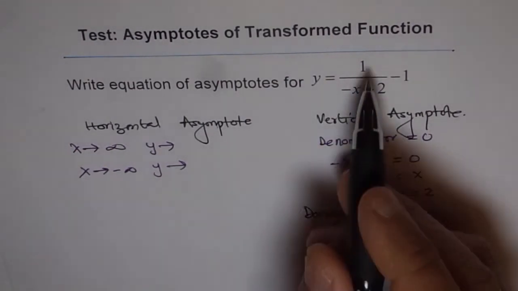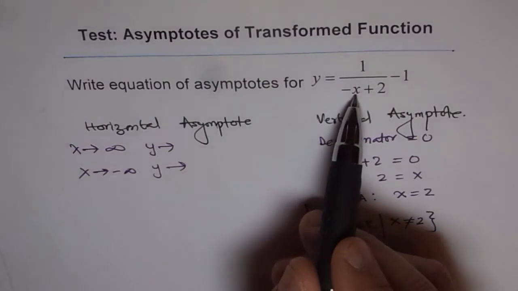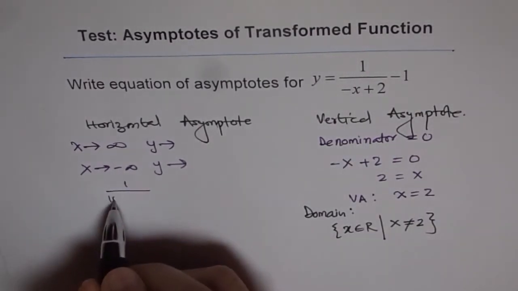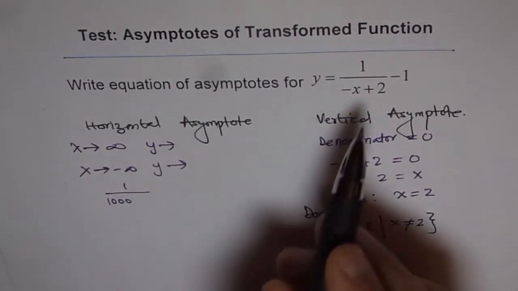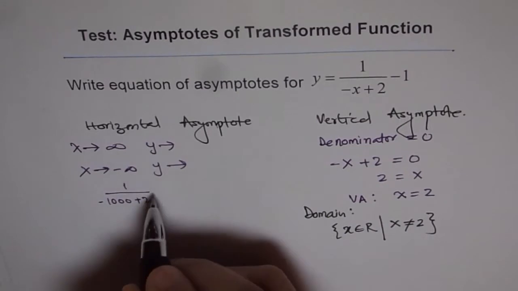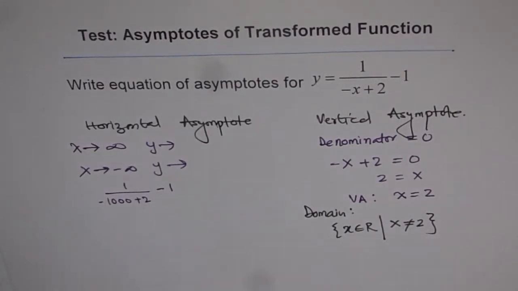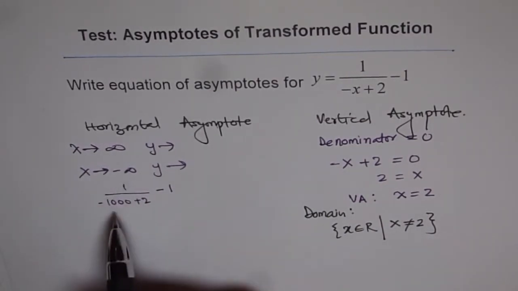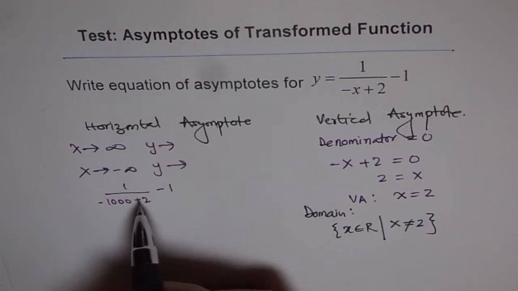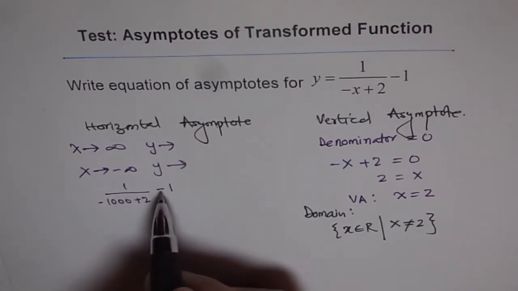Now look at it like this. Let's put a large number here for x. So the equation is 1 over, let us say a large number, very large as compared to 2. I hope you agree with me, right? Minus this time, and we have minus 1 here. So when I put this number here, I get something negative. So that means we are approaching negative 1, but from the negative side.